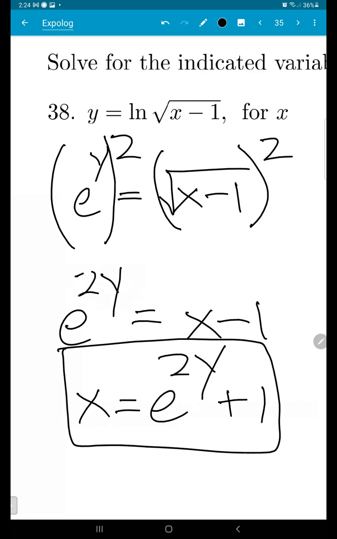In fact, later on when we go to finding the inverse of a given function, and one of the functions is logarithmic, this will also be the technique that you will be employing. Okay. So any question on this one? Otherwise, I want you to practice on the next.